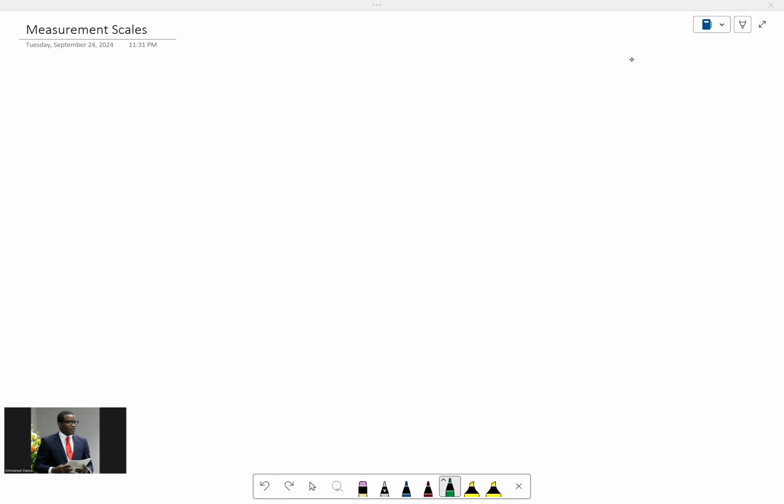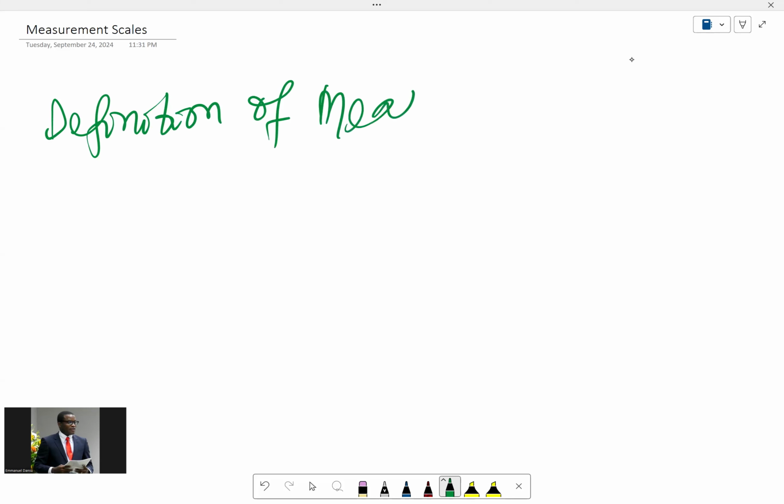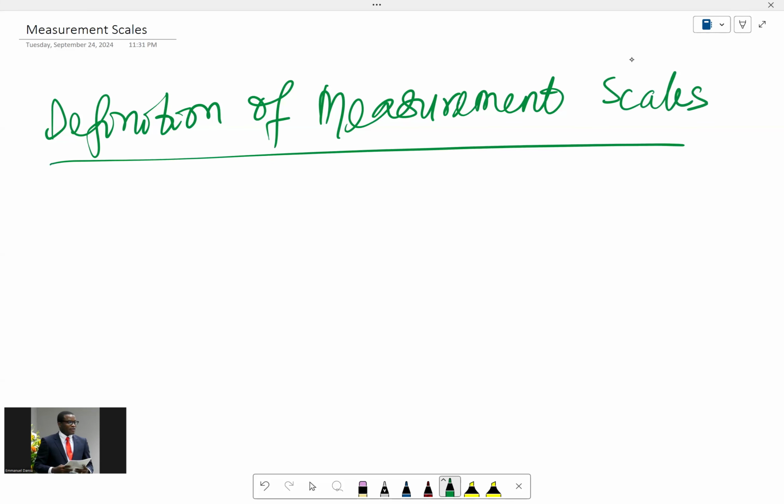So let's go straight and talk about the definition of measurement skills.